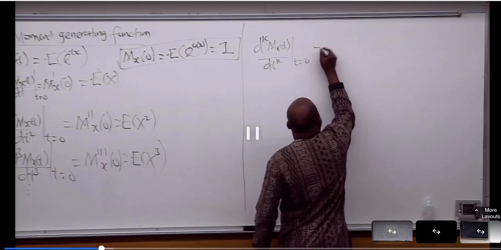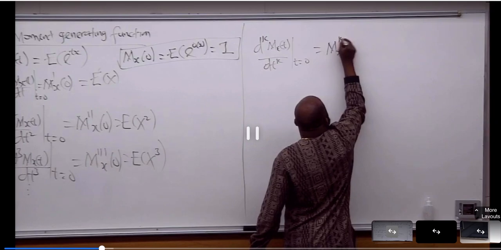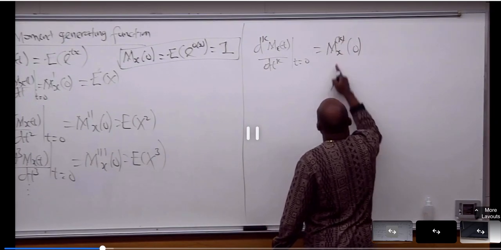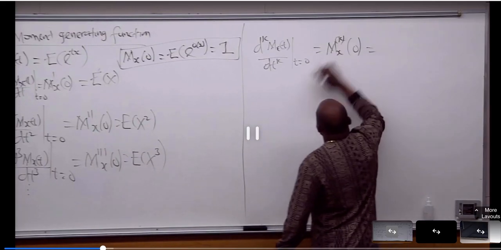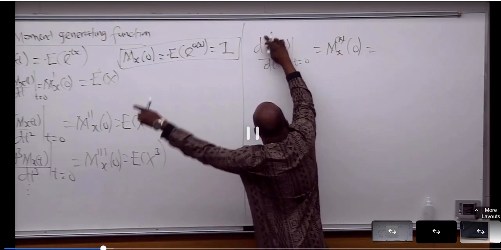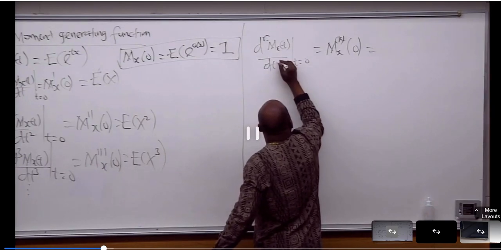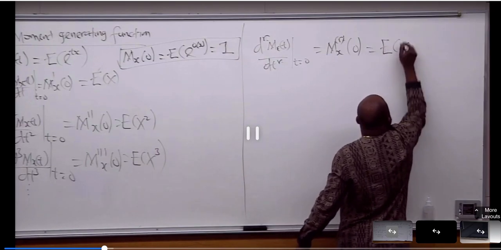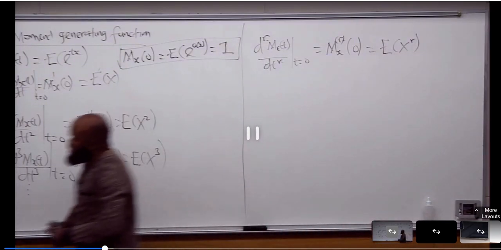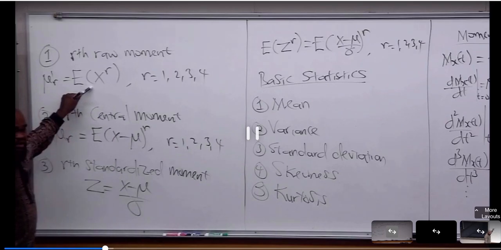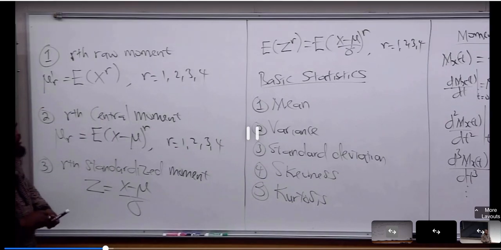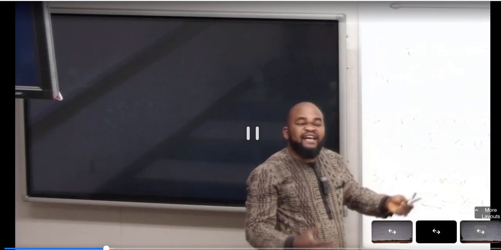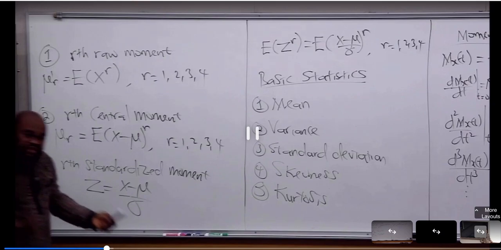Or let me use r so that you can see the connection: the r-th derivative is going to give you the r-th raw moment. There's a connection between the moment generating function and the raw moment. It is an alternative way.